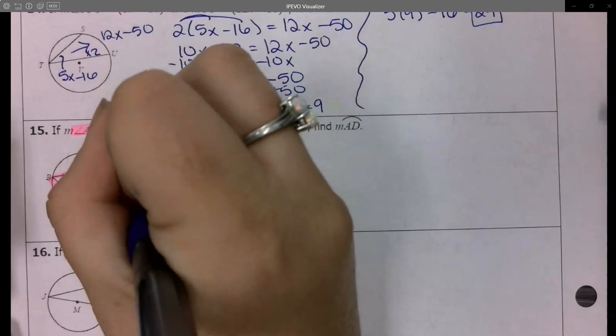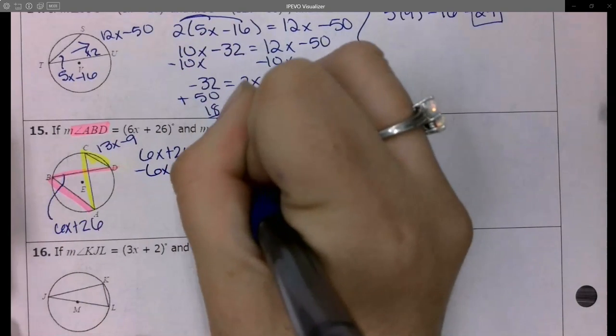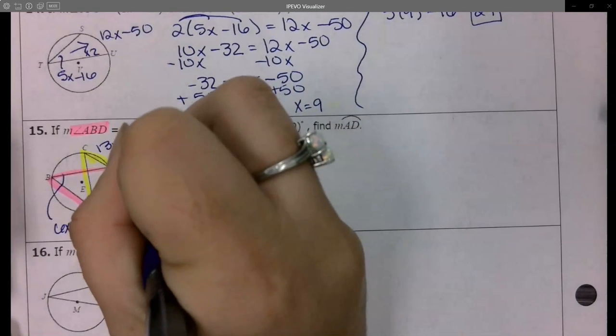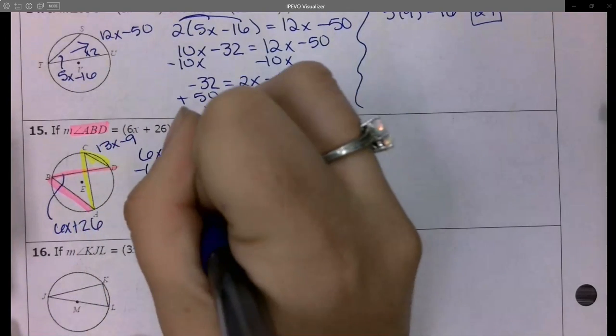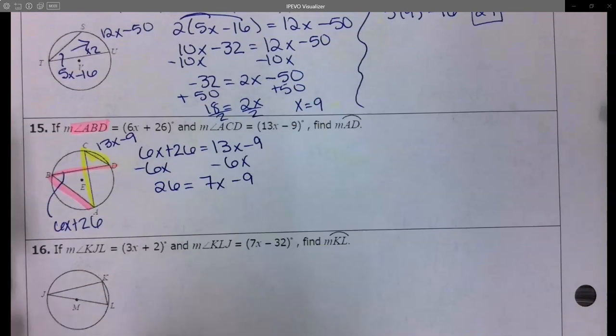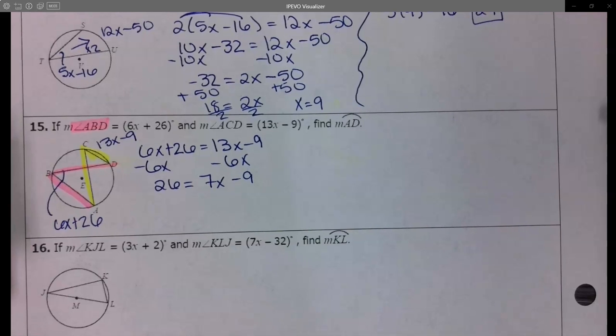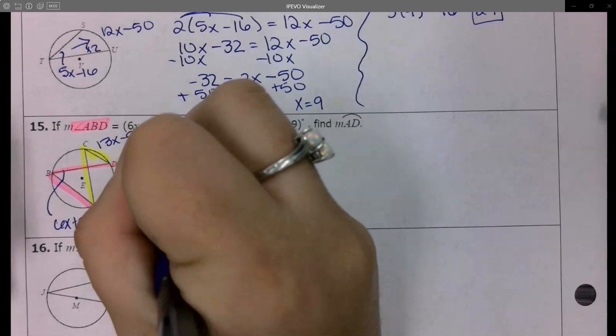So I want to start off by getting all of my x's over to the same side. I'm going to subtract 6x on both sides. This gets me 26 on the left, 7x minus 9 on the right. Then I want to go ahead and add 9 to both sides.